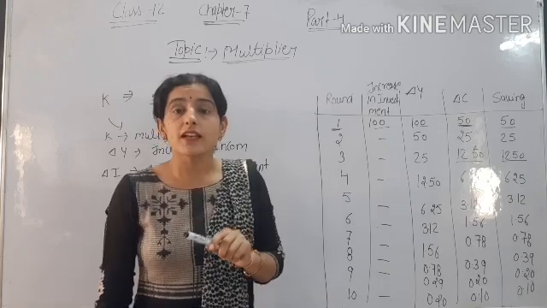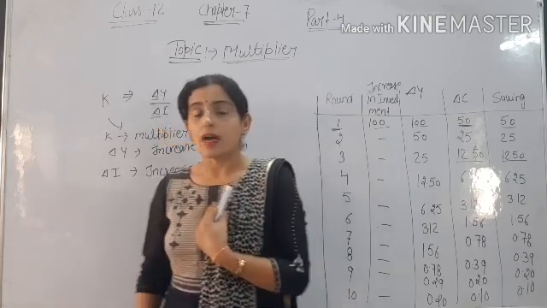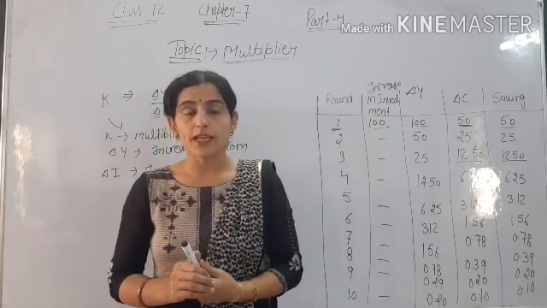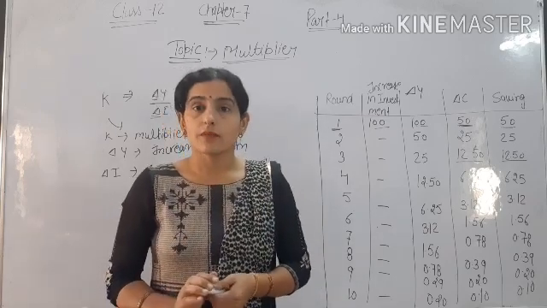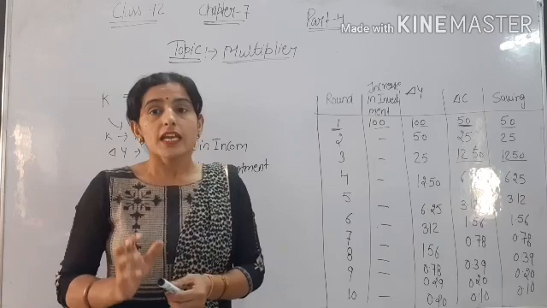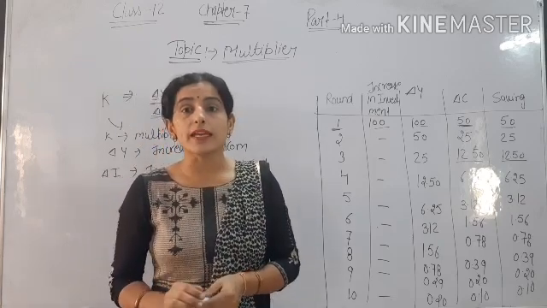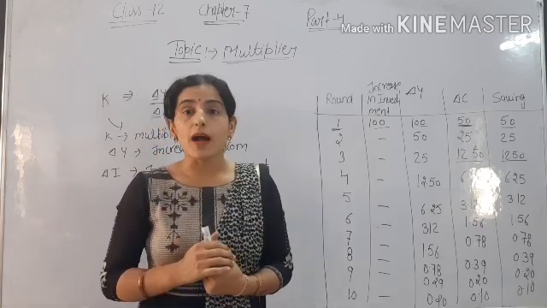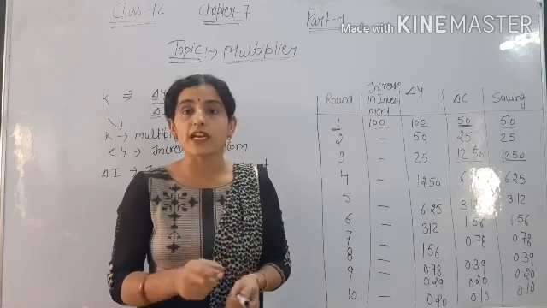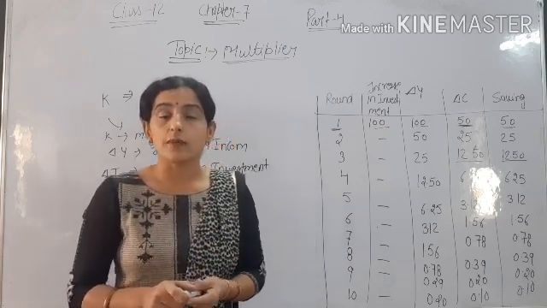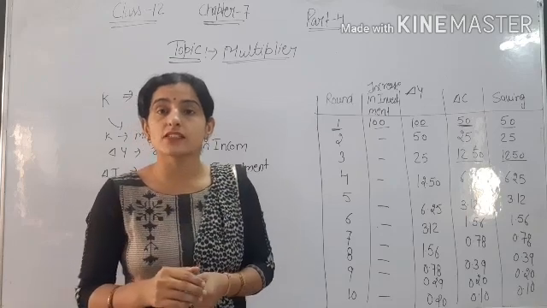From the 100 rupees, 50 I am consuming, meaning I am purchasing something. The money I have consumed is the income of the shopkeeper from whom I purchased the things.